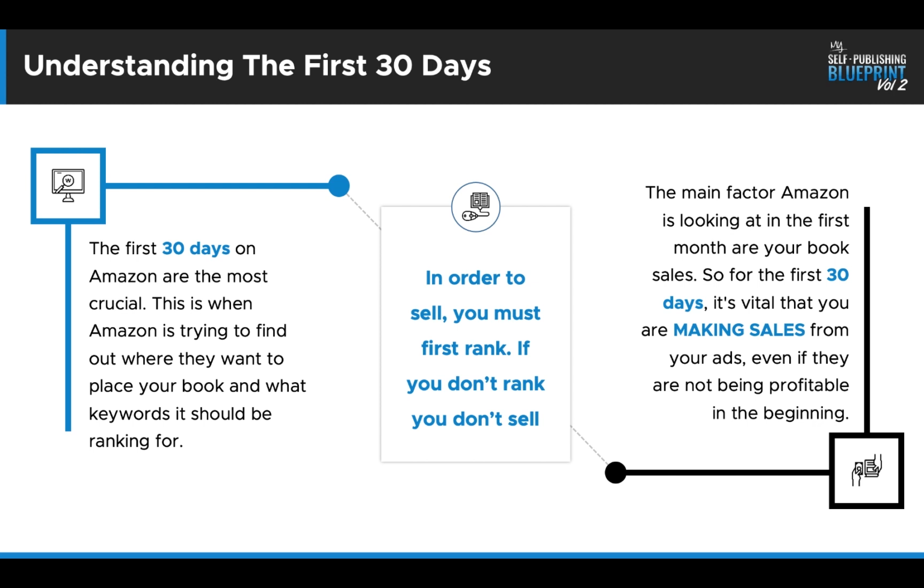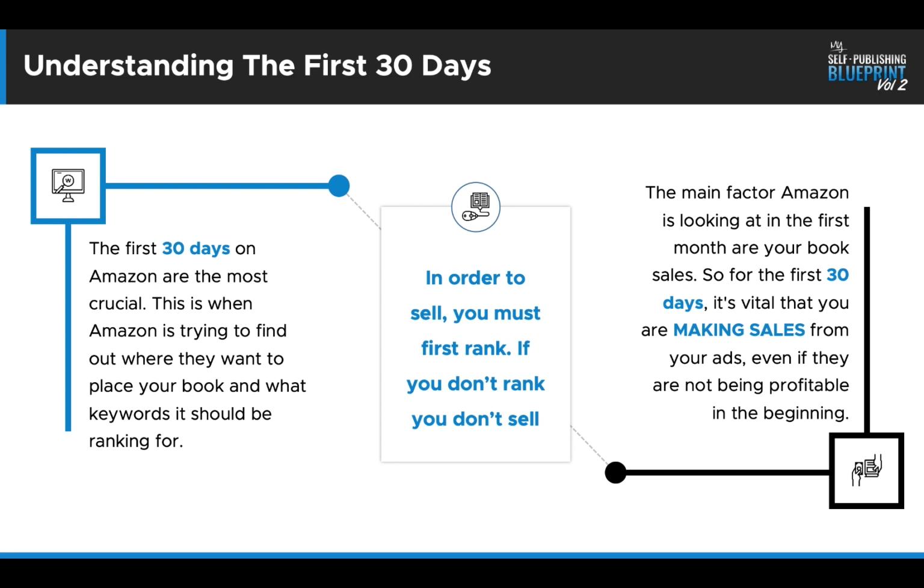So don't get caught up on whether your ads are profitable within the first 30 days or so. That's not relevant. Of course, we don't want to be bleeding money, but if you have to lose a couple hundred dollars running ads in order to get a solid rank and position on Amazon, so your book can then go on to make $800 to $1,000 a month year over year, then lose a couple hundred in the beginning to get that position.